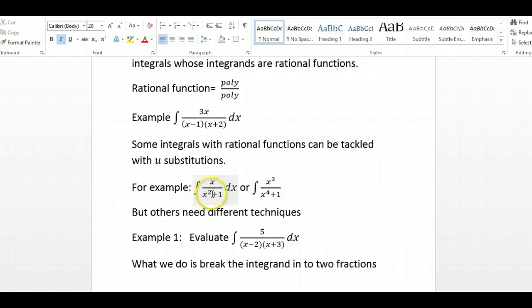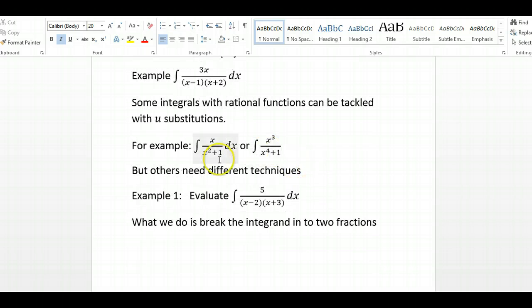But here, if you put u equals x squared plus 1, that will work because the derivative of u would be 2x, which is exactly the leftover part. Same thing here, if you put u equals x to the 4 plus 1, then the derivative is 4x cubed, which is exactly the leftover part. So for things like this, you don't need any heavy-duty partial fraction method. You can just use a U-substitution.